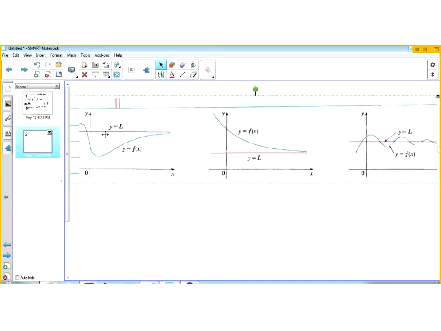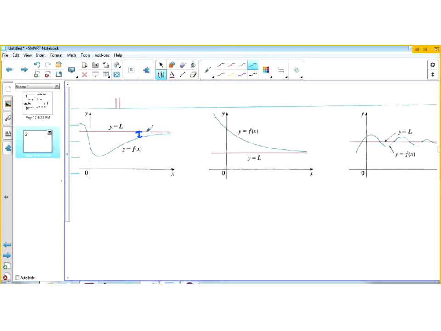The only requirement for the presence of a horizontal asymptote is that as x approaches, in this case, infinity, y approaches the horizontal asymptote. It has an asymptotic property, that is, the distance between the function f of x and the asymptote grows smaller and smaller, but it never equals 0.